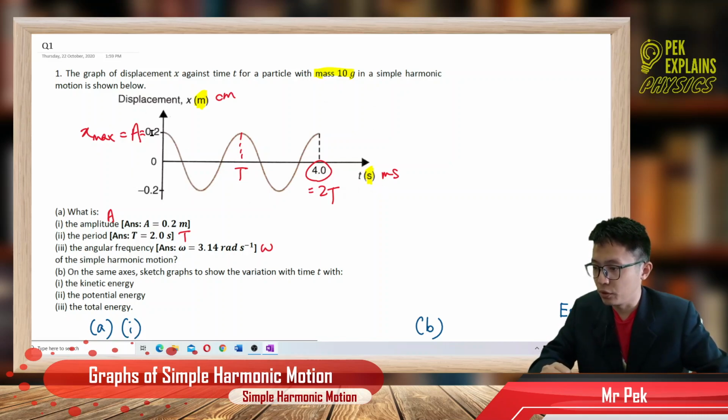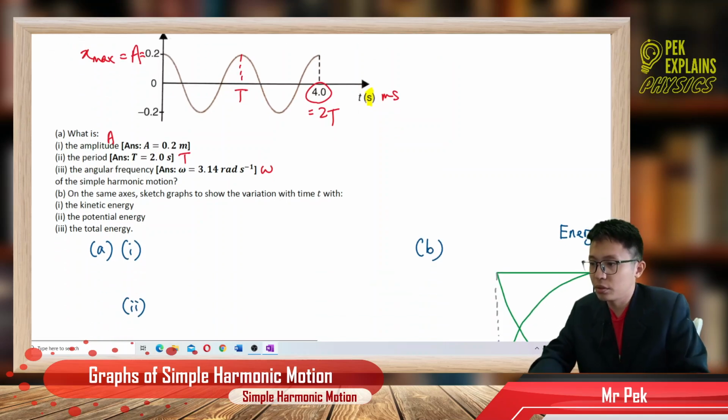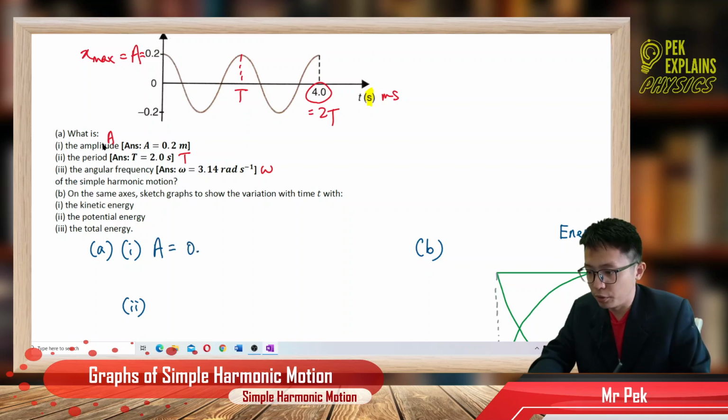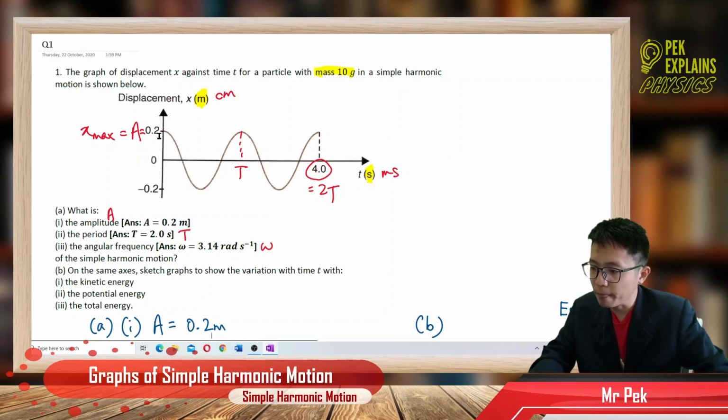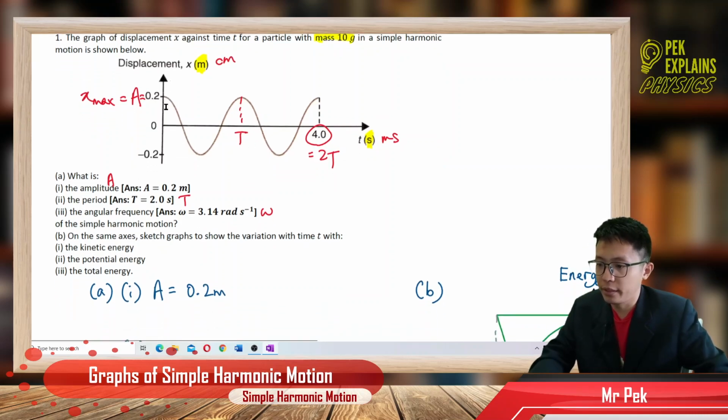So from here we got the amplitude. The amplitude is 0.2 meter. And then the period. Because this has two waves, from crest to crest is one period, another crest to another crest is another period.